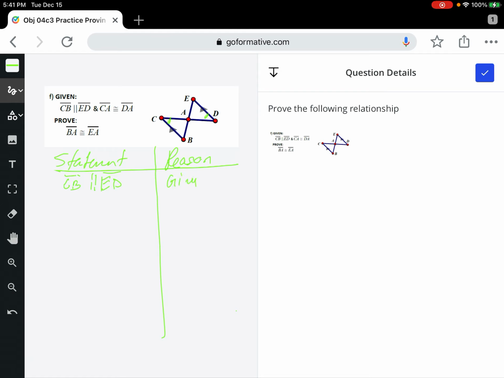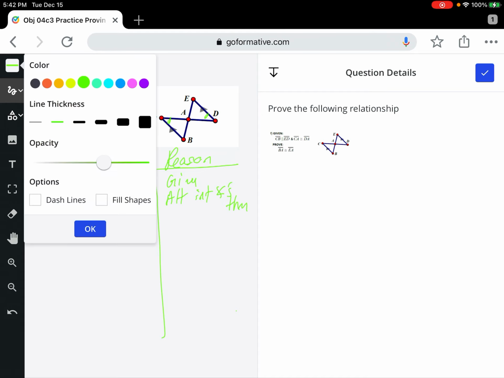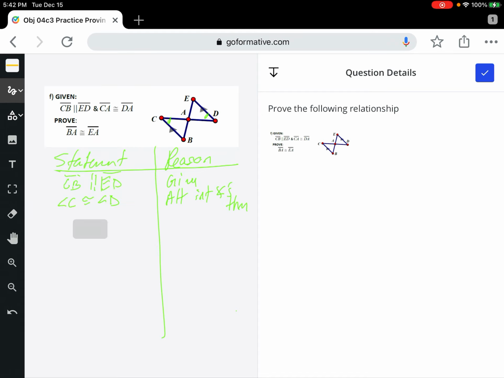If those are parallel, I know angle C is congruent to angle D, because they're alternate interior angles on parallel lines, so alternate interior angles theorem. I also know, and I mark this with a different color because they're different angles, angle B must be congruent to angle E. Also alternate interior angles theorem.